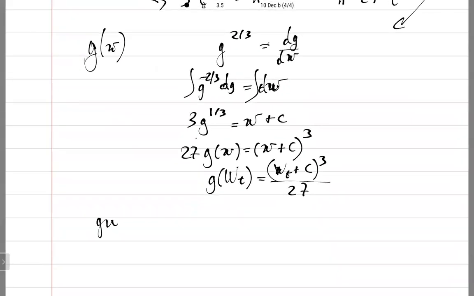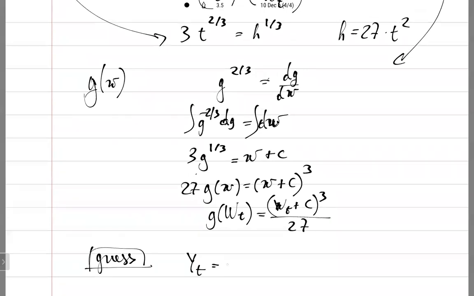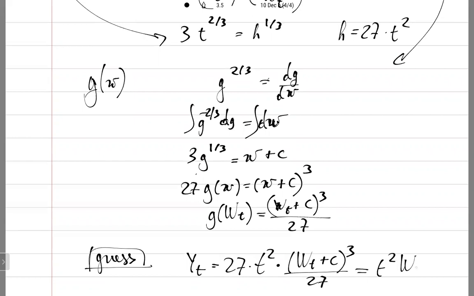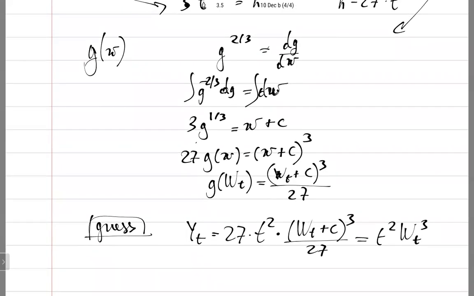And finally, it's our guess that Y_t is just 27 times t squared times (W_t plus c) cubed over 27, that is, t squared times (W_t plus c) cubed. Now, that's only a guess.